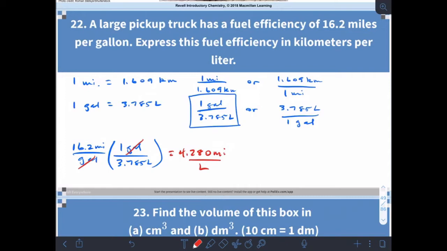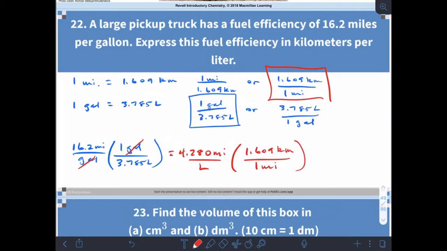The liters I'm going to keep because I want that one, but the one I want to get rid of is miles. So I'm going to pick a conversion factor that has miles on the bottom. That's going to be this one right here: 1.609 kilometers in 1 mile.